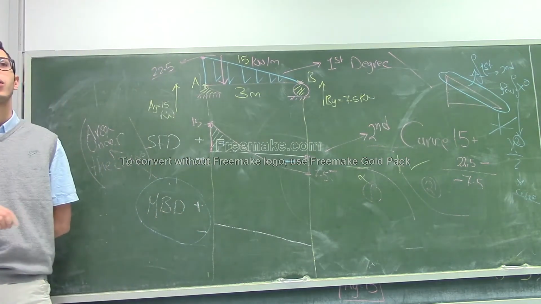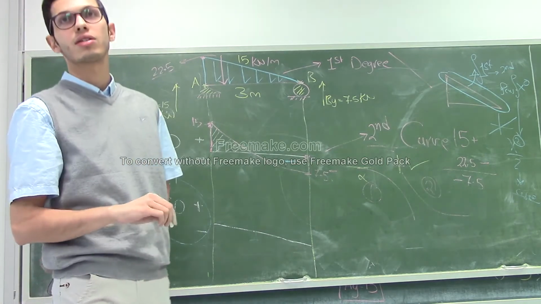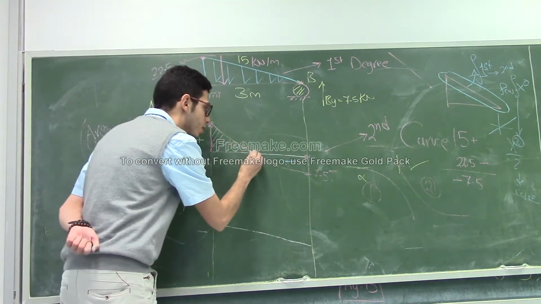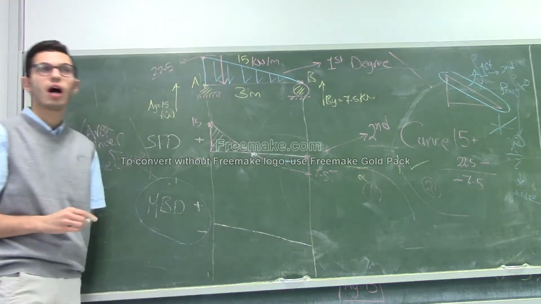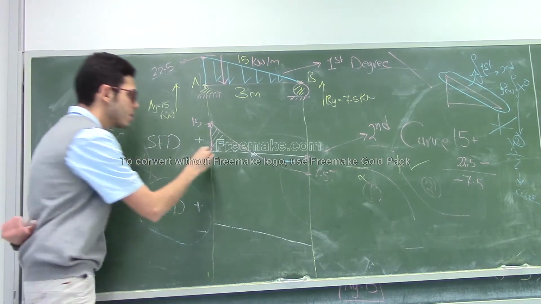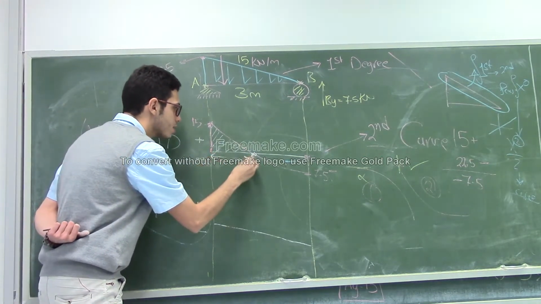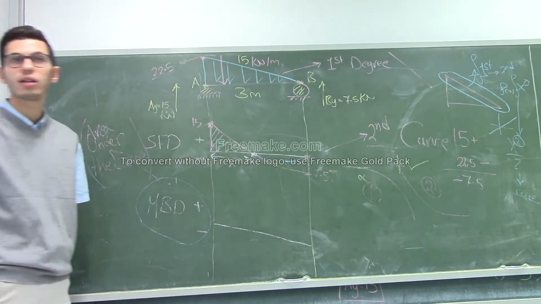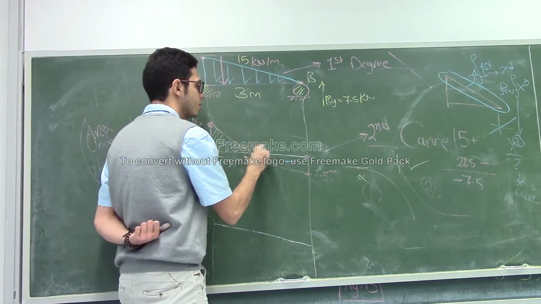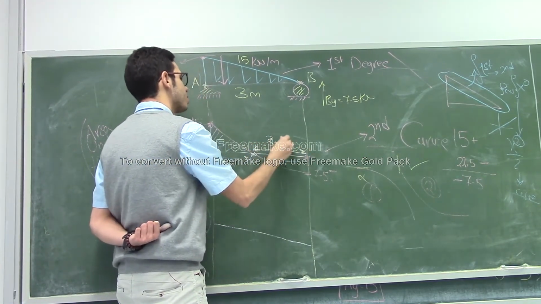Perfect. Yes, we should use the similarity of triangles, because we don't know how much this distance is, right? So this distance here is x, and here it should be 3 minus x.